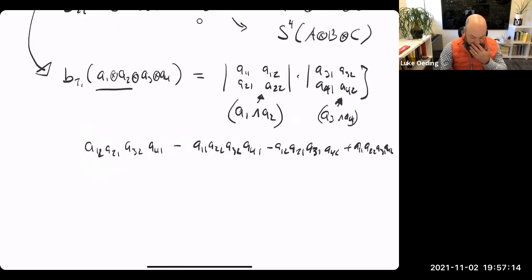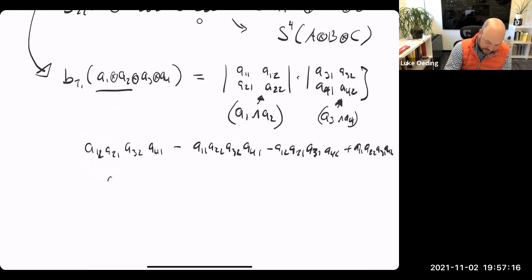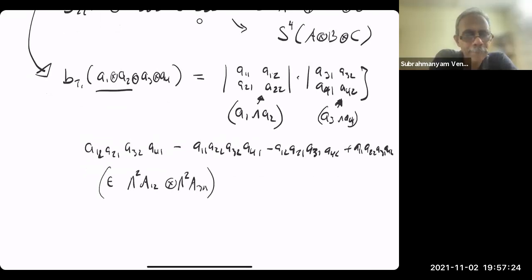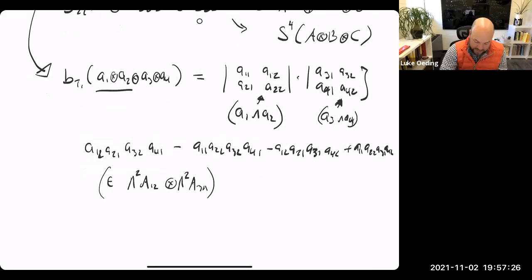Okay, so this guy is an element of wedge 2 A12 tensor wedge 2 A34. And notice that every term has a 1, a 2, a 3, and a 4 in the first index. So the first index has 1 of each of the numbers 1 through 4.